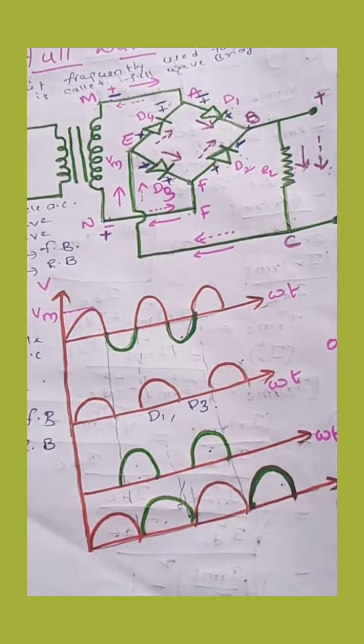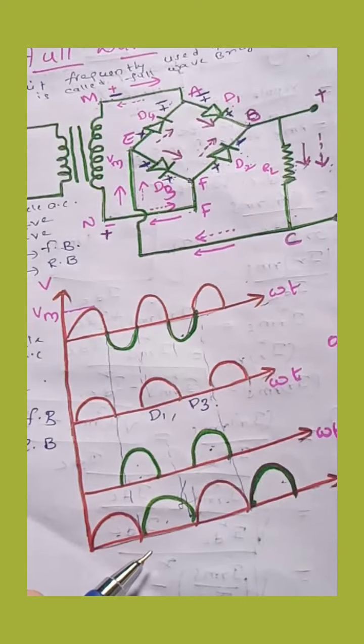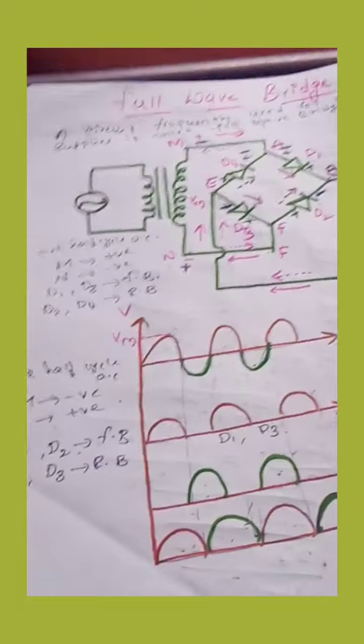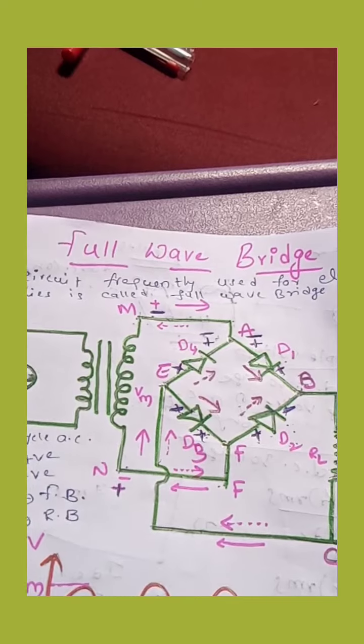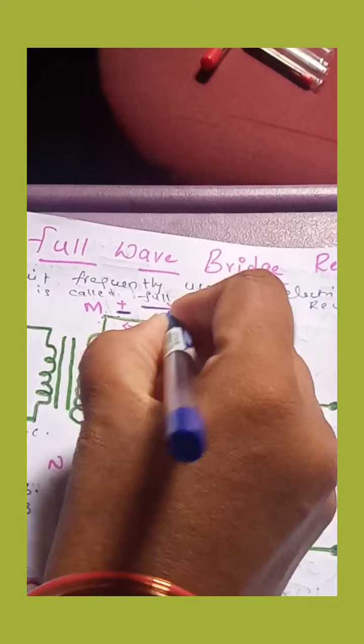Now let us see the current direction. Here we draw the complete waveform in the same direction. First the direction of current in the positive half cycle of AC, where D1 and D3 became forward biased. M terminal became positive. This solid arrow indicates the current direction.